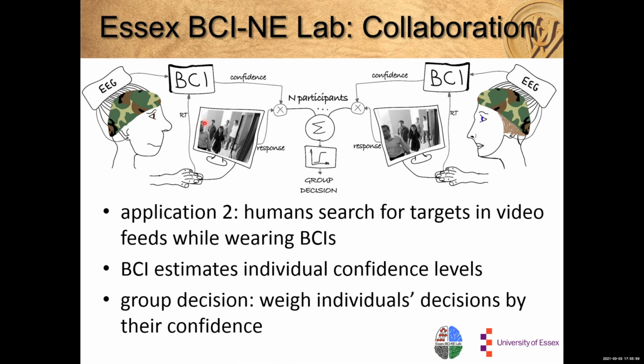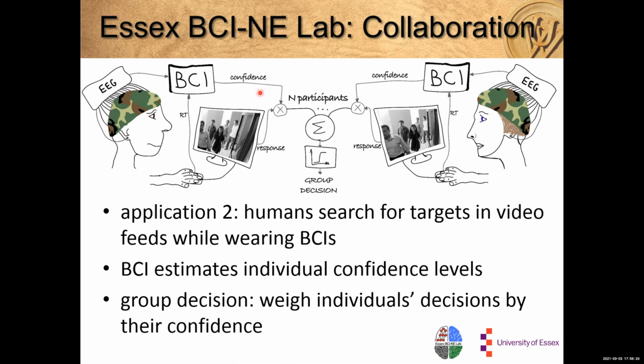People would tag it, and simultaneously the BCI would use brainwave analysis to estimate the participants' confidence level in their decision, because not all of these decisions are super easy. It's like, did I really see that?